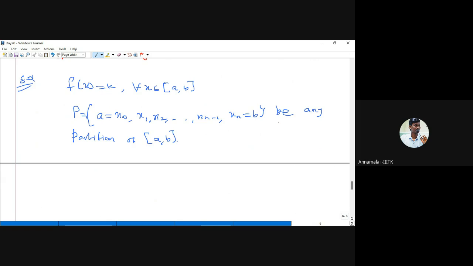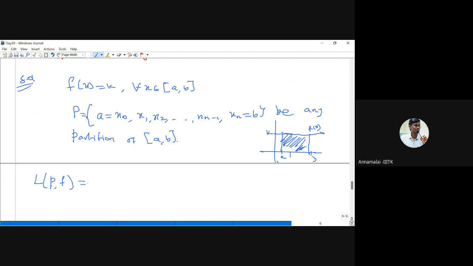If you look at the graph of the function, suppose this is k, the graph should be this, our f of x. If you take any a, b here, you will get a full, exact rectangle. So the maximum value and minimum value on any subinterval is always k. So what is the lower sum?